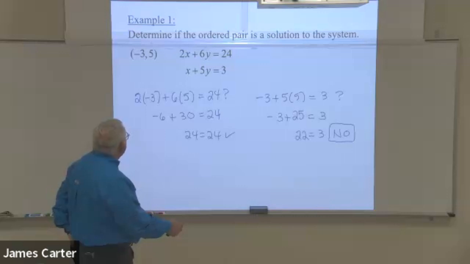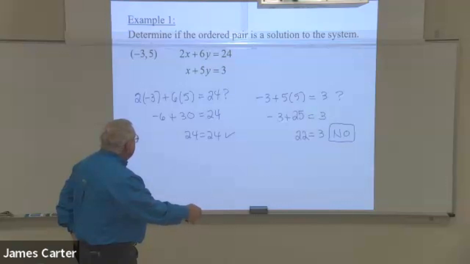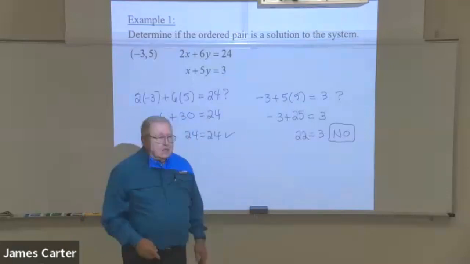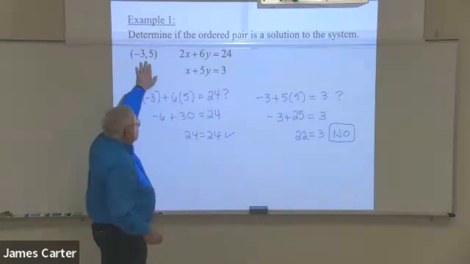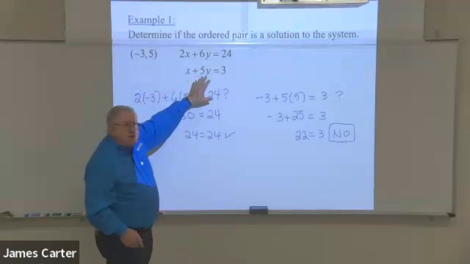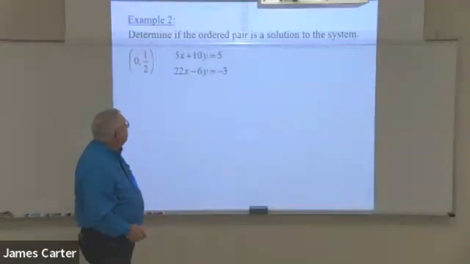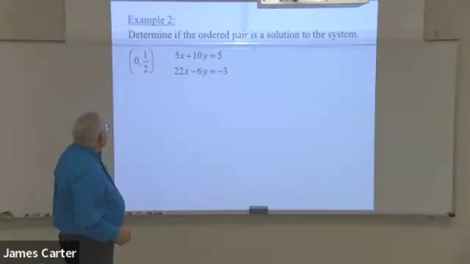Well, we test that then and see if that indeed is true. Is this equal to 3? Well, no. So therefore, this point is not a solution to this system of equations because it has to work for both of them.